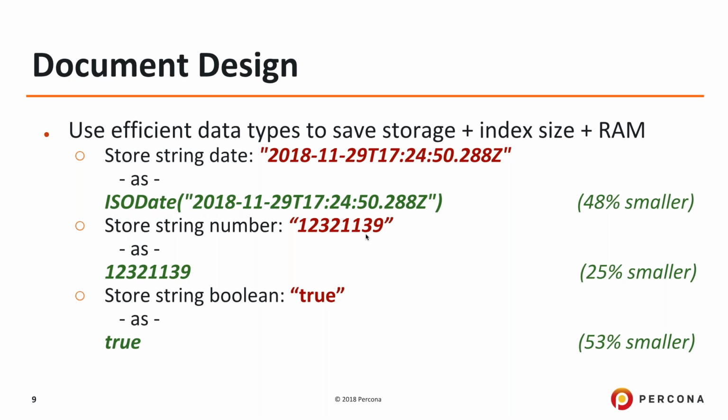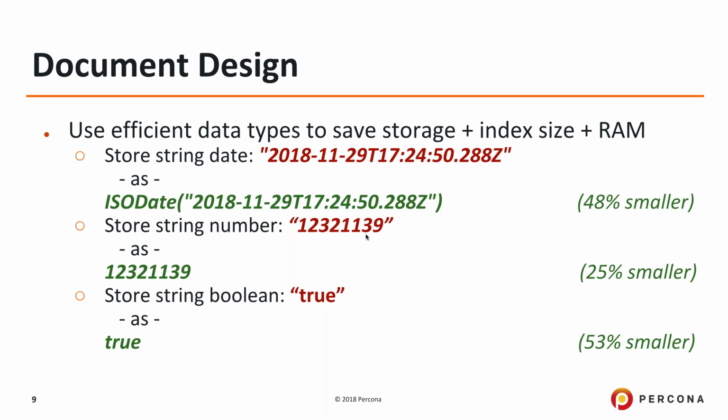So why this is important is your indexes are actually bigger. If you put an index on, let's say, the date on the first line, that index is going to be almost twice the size on disk, because we're using an inefficient string format to store a date. If we used an ISO date and put an index on that, you probably see where this is going: a 48% smaller index.